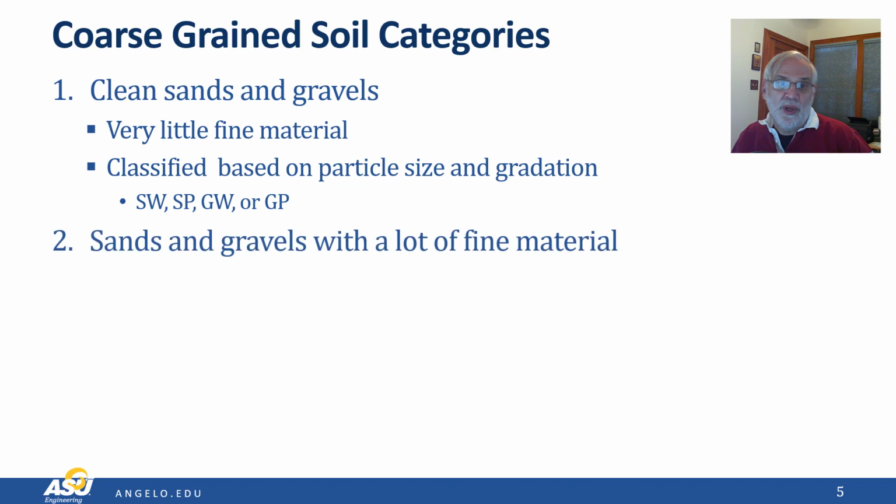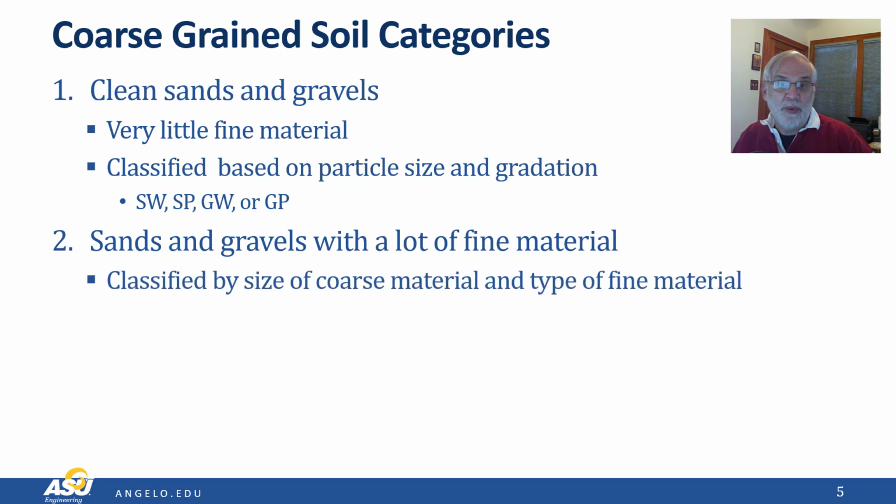The second category are those sands and gravels with a lot of fine material. In this case, the behavior of the soils will be largely governed by the size of the coarse material and the type of fine material. So these soils will be classified as SM, silty sand, SC, clayey sand, GM, silty gravel, and GC, clayey gravel.